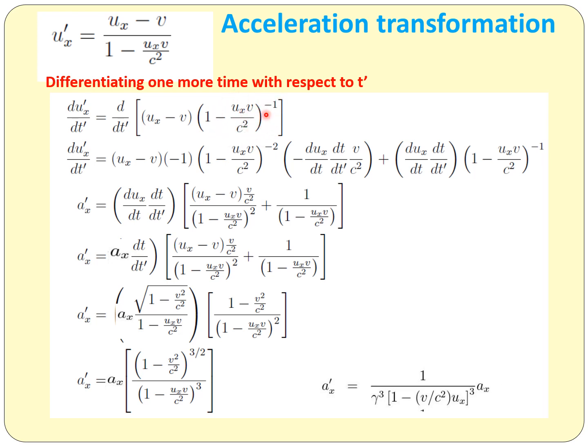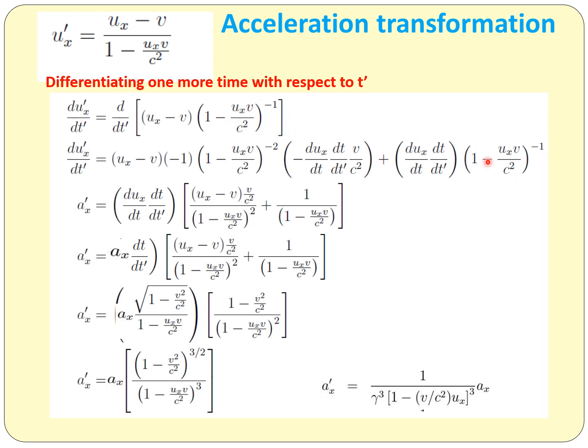So it will be minus 1, this whole to the power minus 1 minus 1, which is minus 2, and then the differentiation of this term, the differentiation of ux into b by c square, where b by c square is constant. So we will have dux by dt prime, and dux by dt prime can be written as dux by dt into dt by dt prime, and plus the second term.